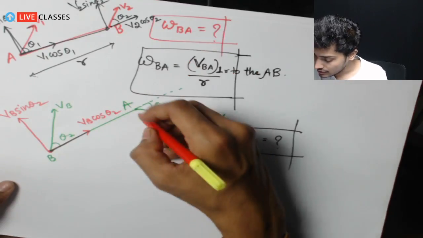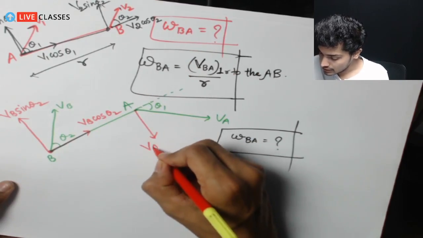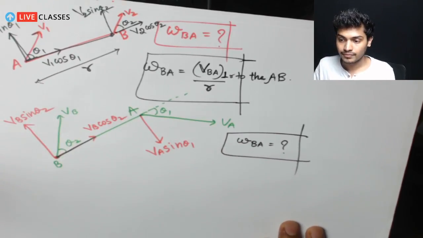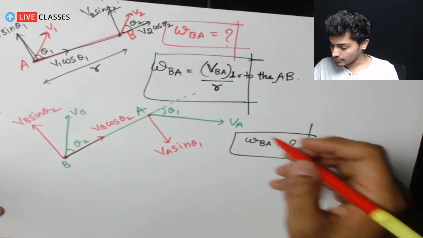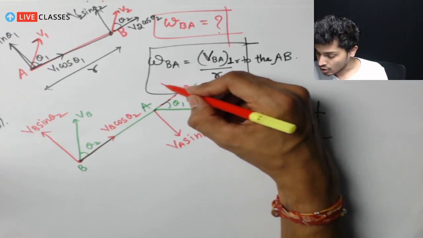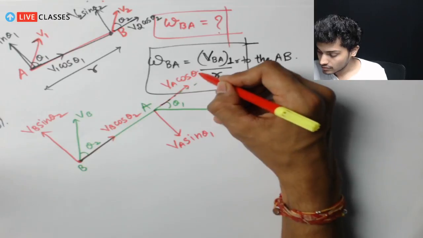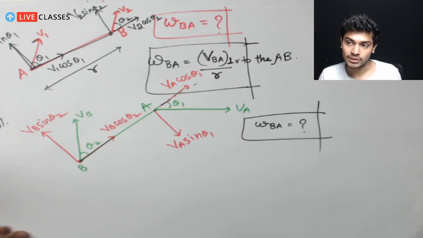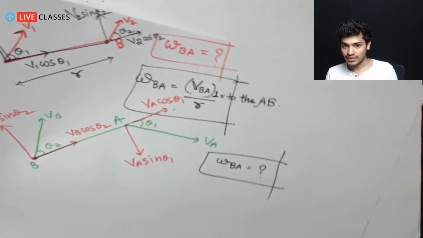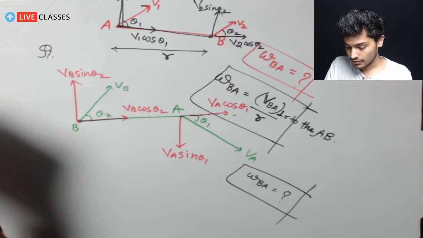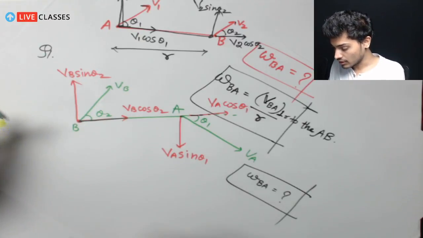Here it will be VA sin theta 1, and along this line it will be VA cos theta 1. But we have to consider only those components which are perpendicular to the line joining them, right? So here we will get perpendicular to the line joining them.